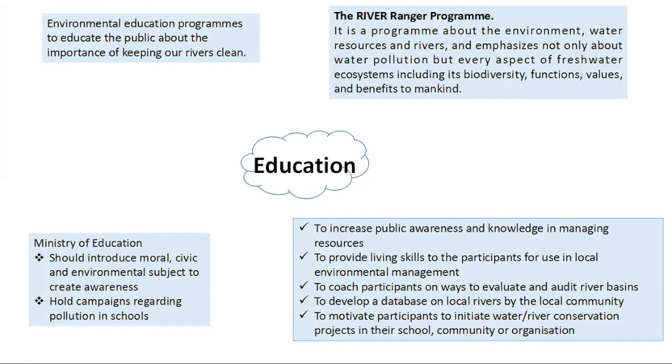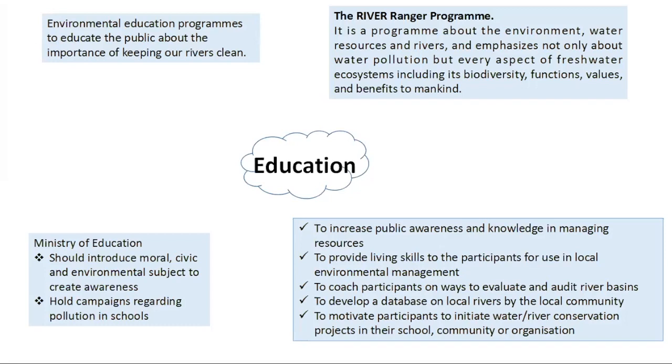It is a program about the environment, water resources and rivers, and emphasizes not only water pollution but every aspect of the freshwater ecosystem, including its biodiversity, function, values and benefit to mankind, through which we can create a campaign to create awareness among the people.